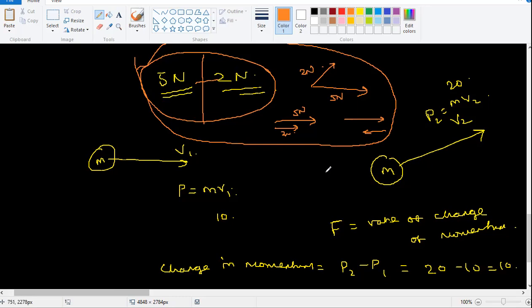Similarly, look at this momentum. Is it a vector or is it a scalar? Momentum is mass into velocity. Does the velocity have direction?